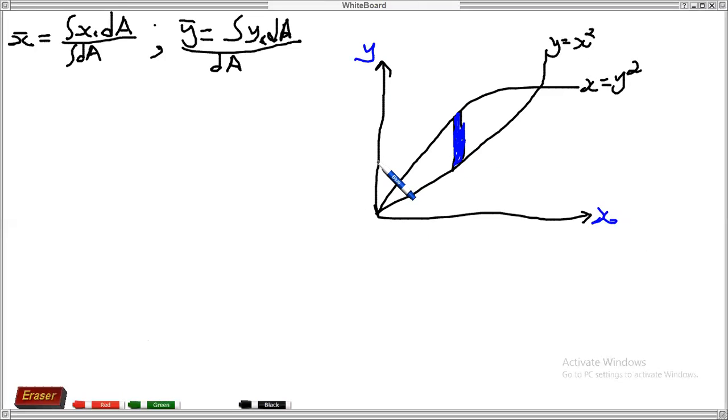Because it's parallel to the x-axis, you can say this is your x, and normally this is your x_c. But for the element itself, that length is your dx.